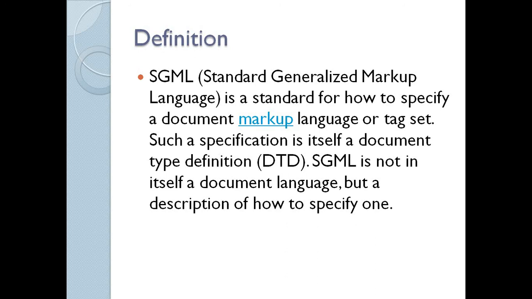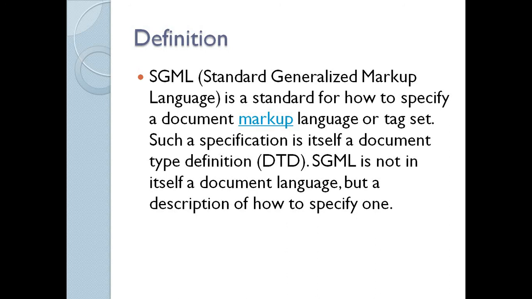HTML is designed using SGML. So SGML is all about creating a tag set, a language like HTML, using which we can create our own language through which we can have our own website or a web page.